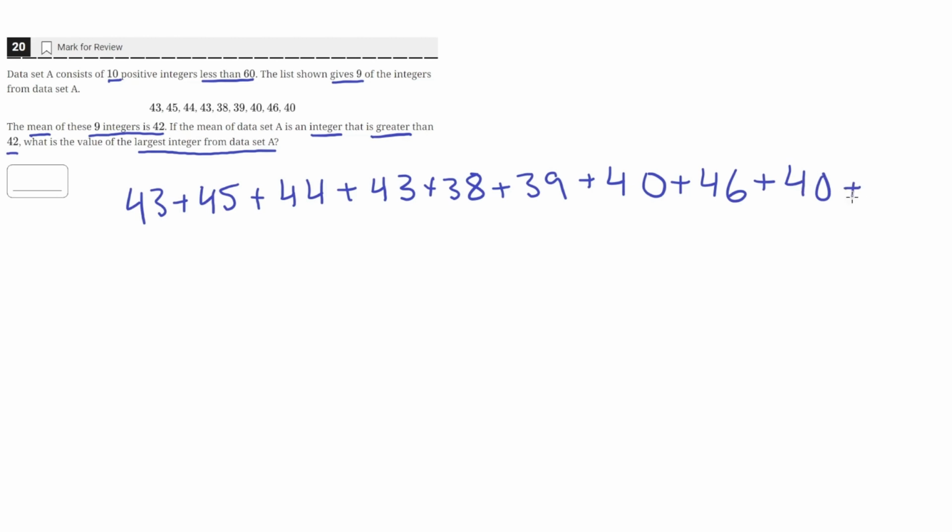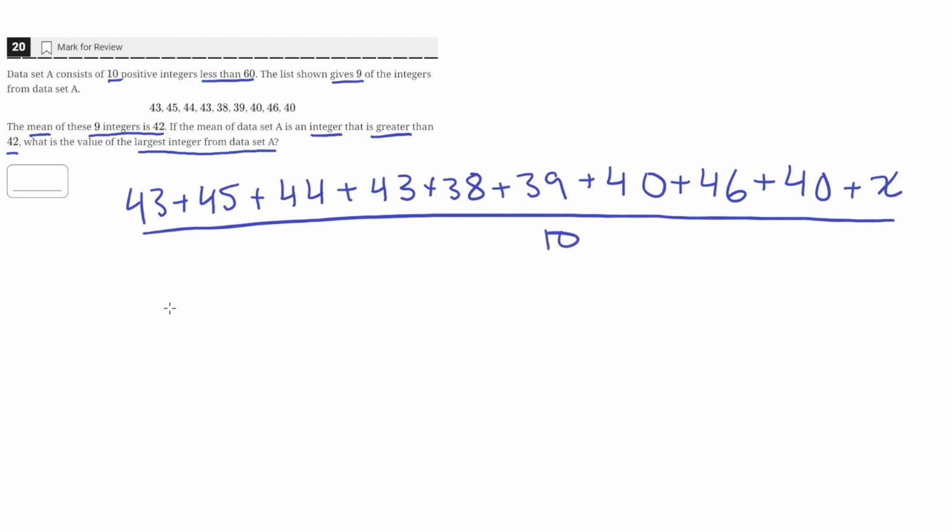And then the 10th term that we are going to find, we'll just say it's x. And then we just divide that by the total number of terms, which is 10. After we add all these together, we get 378 plus x, which is the 10th term we don't know yet, over 10.